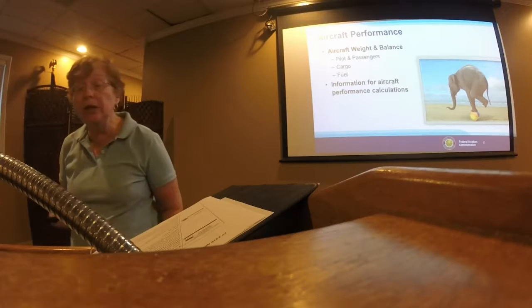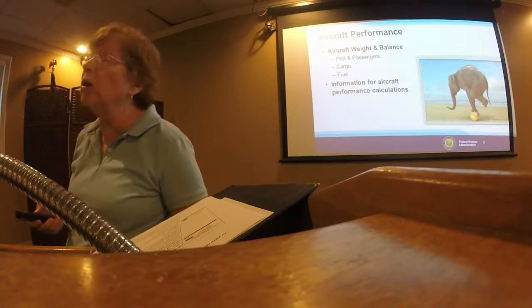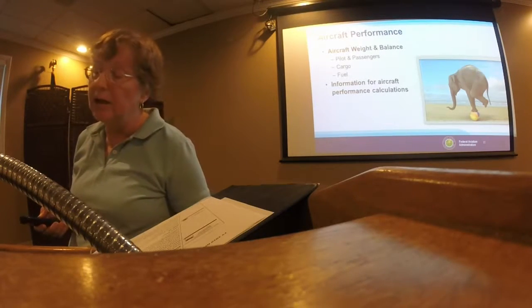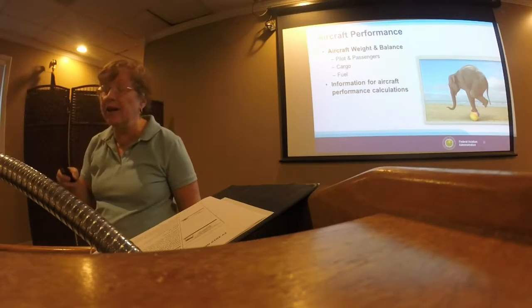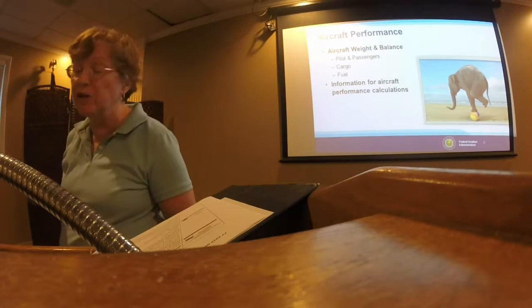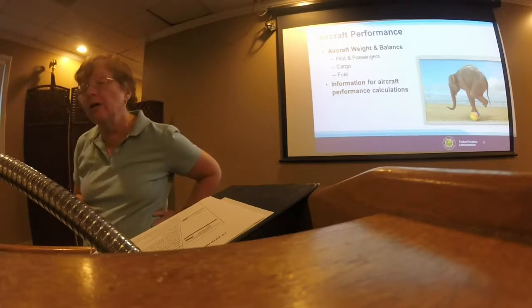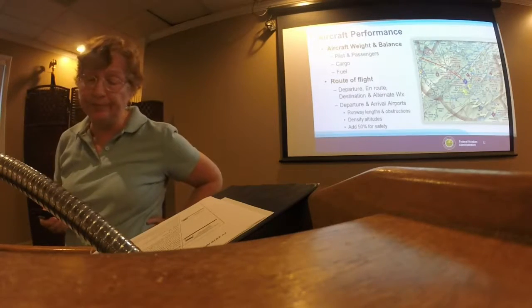When you run the weight and balance calculation to make sure you're going to be operating within the weight and balance limits, you need to have that information. You need to have the weight and balance information to use in predicting your aircraft performance. But you also need a little more information.